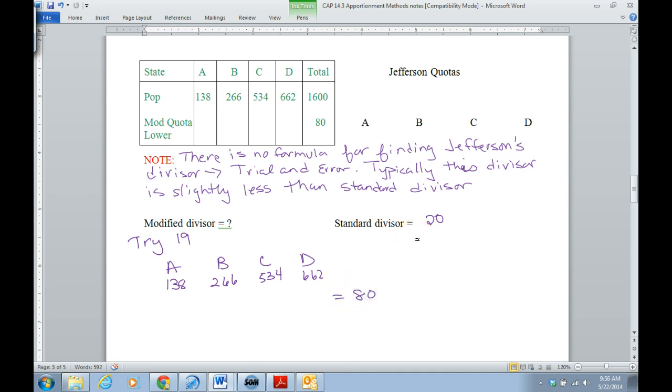We need them to equal 80. So we're going to take 138 and divide it by 19. Our modified quota ends up being 7.26, because I'm dividing each one by 19 this time.